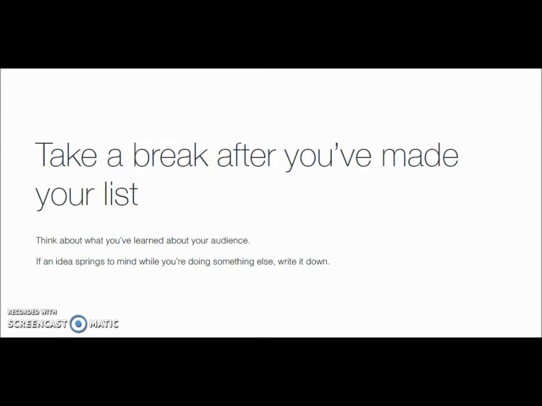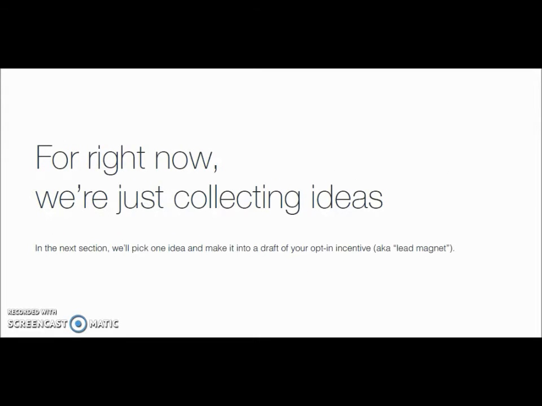Think about what you've learned about your audience. If an idea springs into mind while you're doing something else, write it down. For right now, we're just collecting ideas. In the next section, we'll pick one idea and make it into a draft of your opt-in incentive, aka the lead magnet.